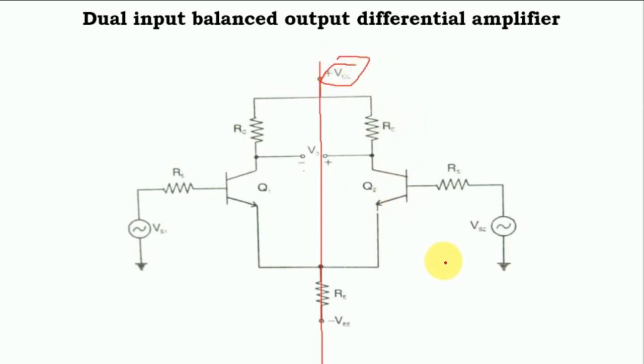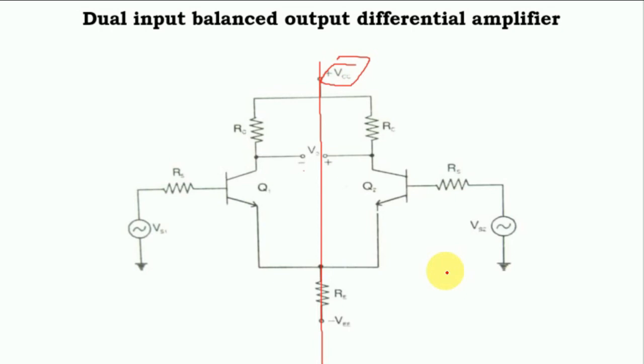So this is the basic idea, and likewise there are four types of this differential amplifier. Right now you don't need to bother about these things, but if we want to learn the operational amplifier, we must first know how a differential amplifier works, and after that we can say that this is my operational amplifier, and this is the way it works, right?